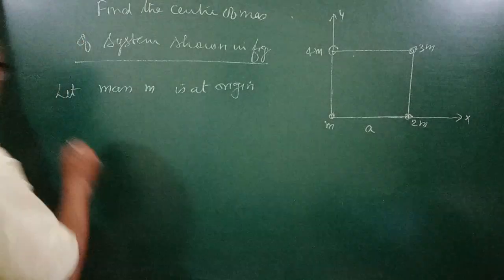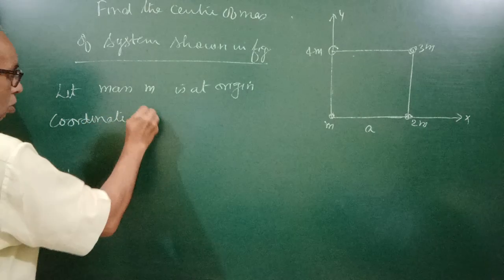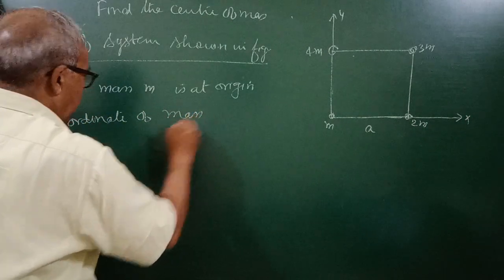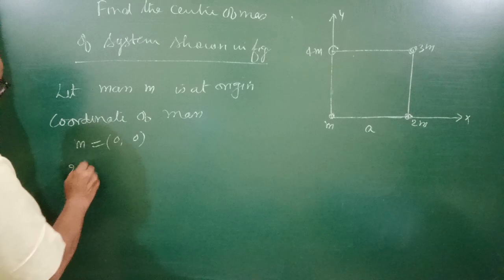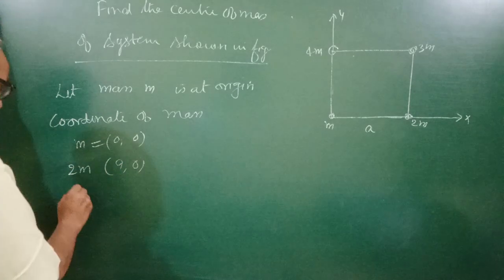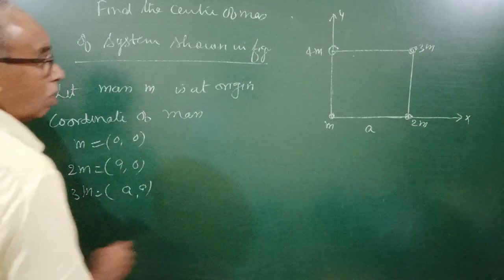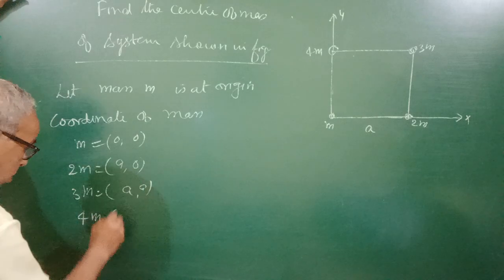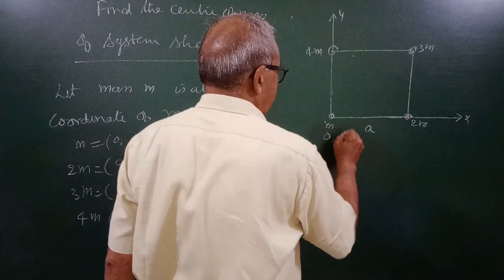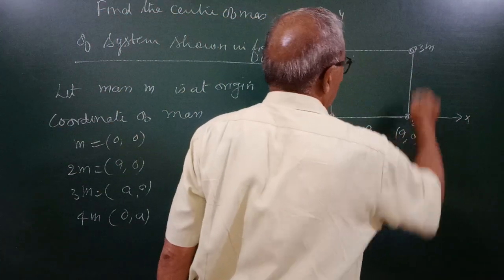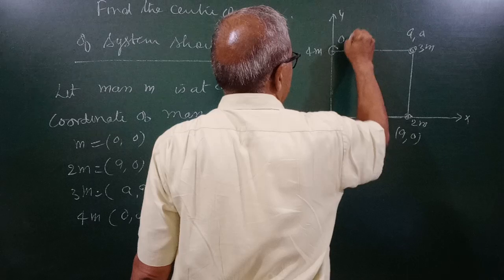Since each side is a, the coordinates of the masses are: m at (0, 0), 2m at (a, 0), 3m at (a, a), and 4m at (0, a).